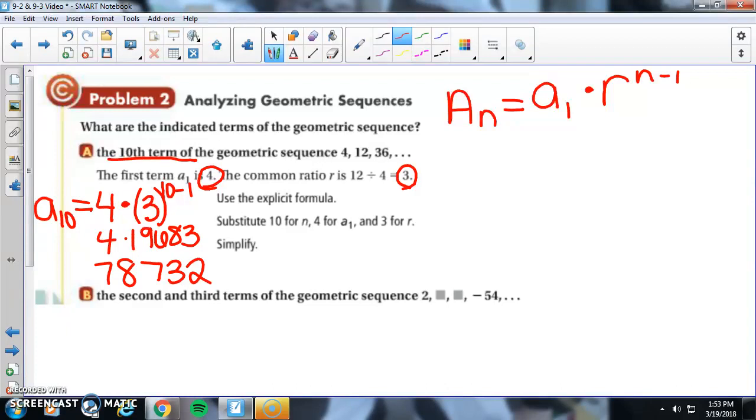The second and third terms of the geometric sequence is what we need to find for 2, blank, blank, negative 54. So 2 times r times r times r. So that means r to the third power is going to be equal to negative 54 divided by 2.